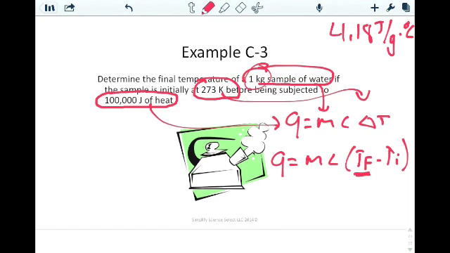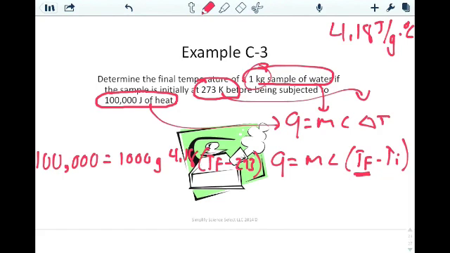So we would have our 100,000 joules equals a mass of 1,000 grams times the specific heat of 4.18 times temperature final minus 273, because that's our initial temperature.